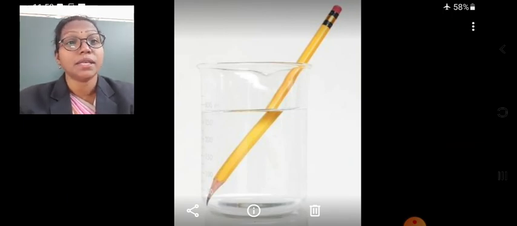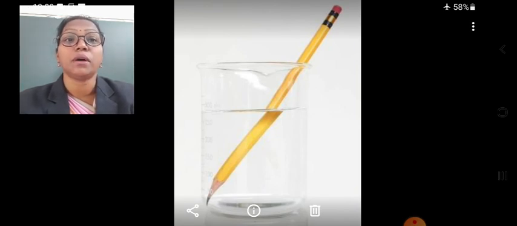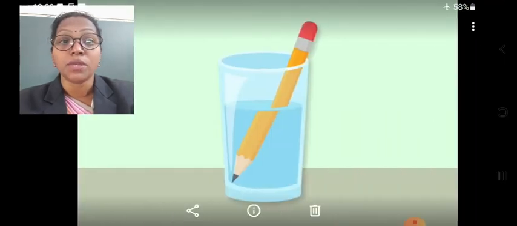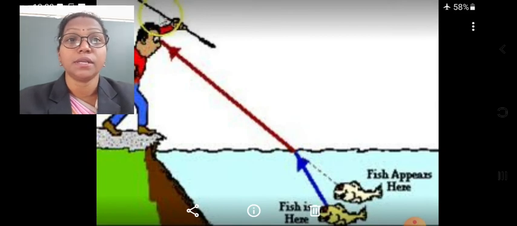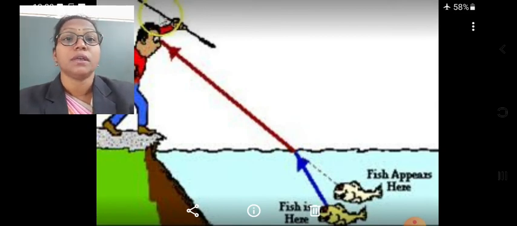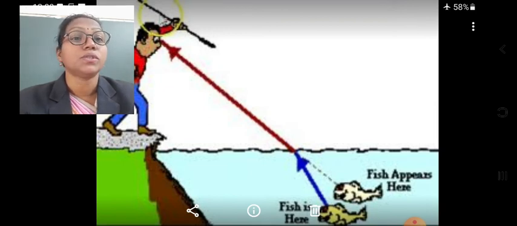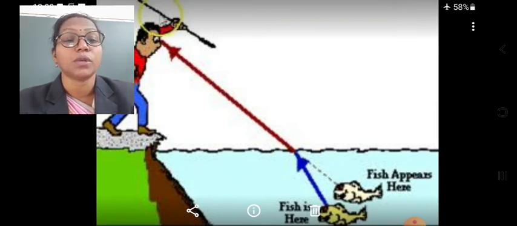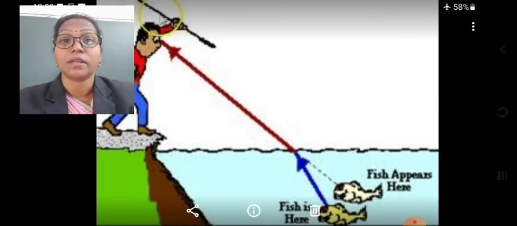Here a pencil is kept in water, and you can see after refraction the light rays bend and reach our eyes, and this pencil appears to be bent in the water. Now students, a person who is catching fish, when he looks in the water, the fish appears here, but the fish is actually in a place slightly different.